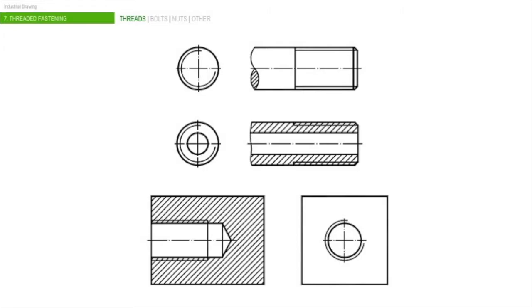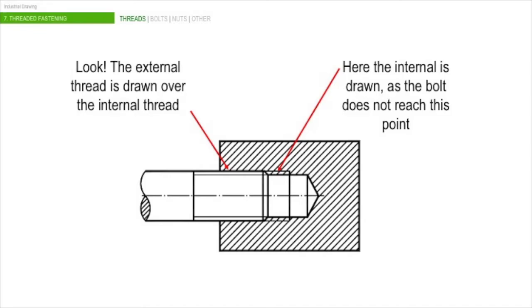You also can see in the representation of the hole how there are some lines that represent the end of the thread, a thicker one, and the end of the drilled hole. When you combine an external and internal thread, as you can see in the image, you have to pay attention because the external thread is drawn over the internal thread, always.